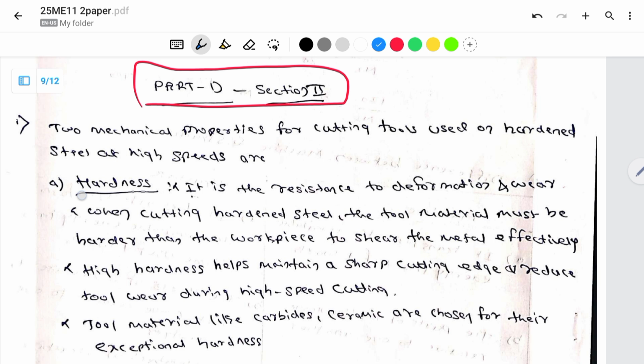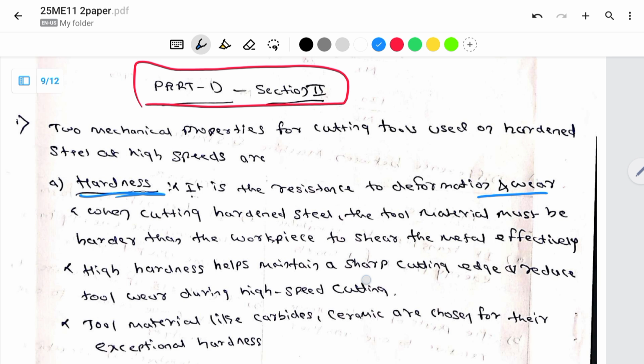So here one property is hardness. Hardness is the resistance to deformation and wear. When cutting hardened steel, the tool material must be harder than the workpiece.